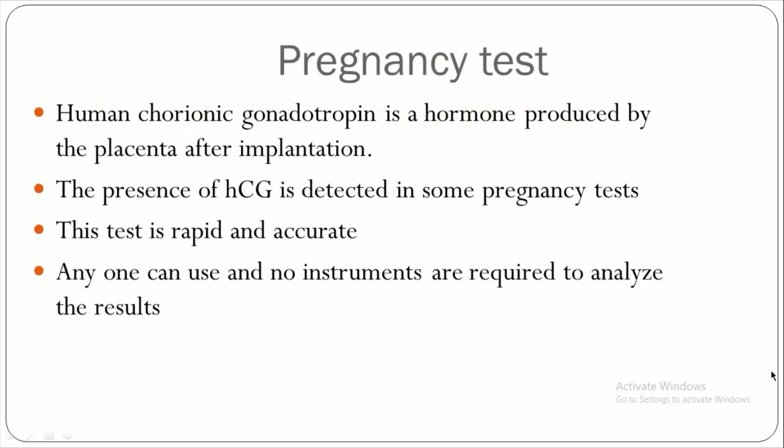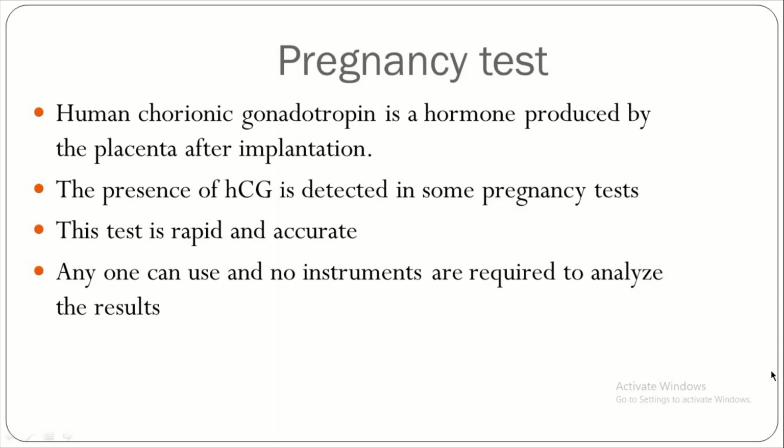So the first thing is the pregnancy test kit. We all know that human chorionic gonadotropin is a hormone which is produced by the placenta after a fertilized egg is implanted there. This particular hormone is detected in the urine when a woman is pregnant. So this hormone is available in the urine.